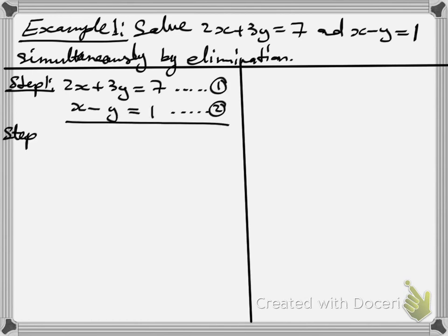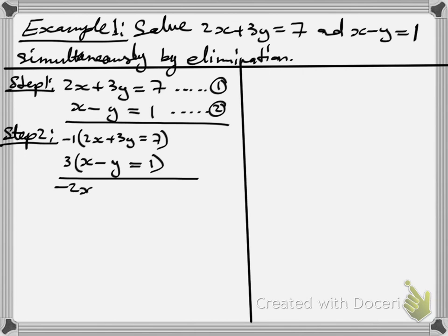Then step number 2, we identify the variable to eliminate. In this case, I'm going to eliminate the variable y. So equation number 1, I will multiply by the coefficient of y in equation number 2, which is -1, and equation number 2, I will multiply by the coefficient of y in equation number 1, which is 3.